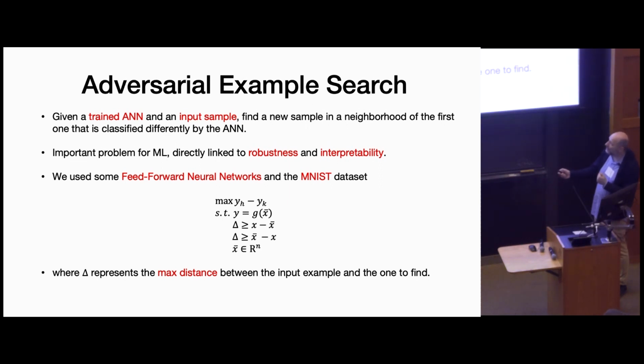You want such a distance to be bounded, so small, and you want the predicted value, or in a binary context the prediction, positive versus negative, to be as different as possible. So the distance is bounded, and the prediction is as distant as possible.